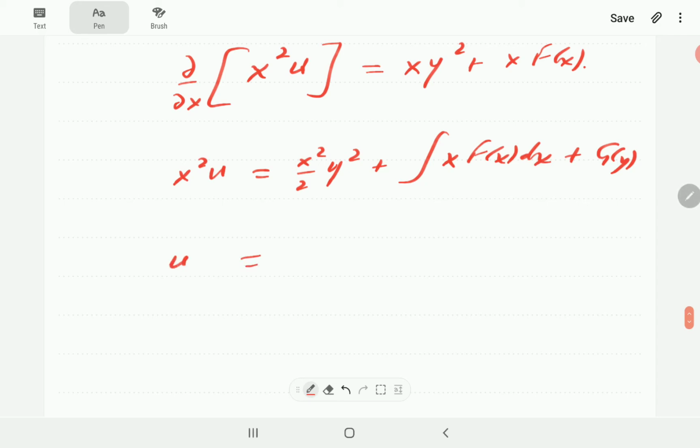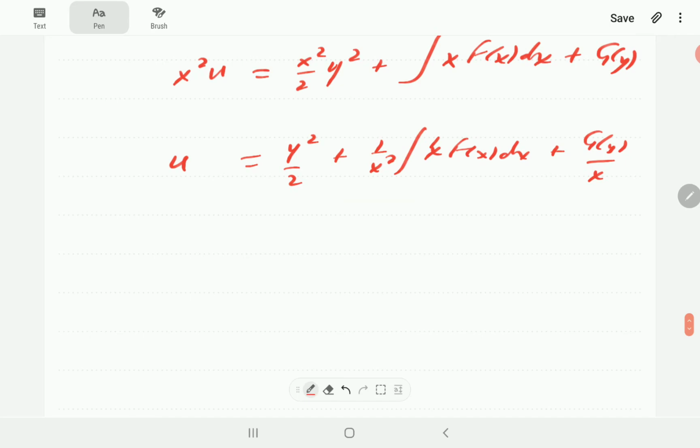Then we multiply everything by 1 over x squared. So this is going to be y squared over 2, plus 1 over x squared times the integral of x f of x dx, plus g of y over x.